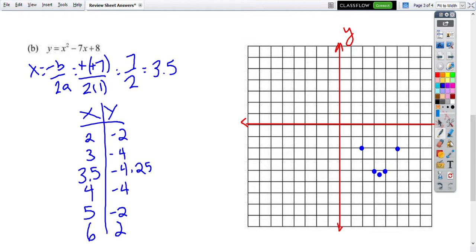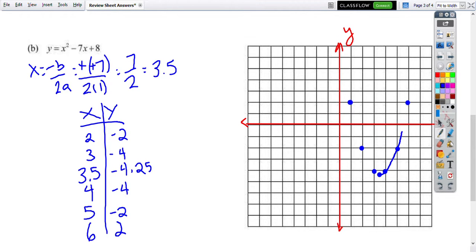So I know that I can find the other point there. So 2 there, and also on the other side. And now I can better draw the graph in. And I know it's going to head up to 8, so it's going to cross through somewhere over here.